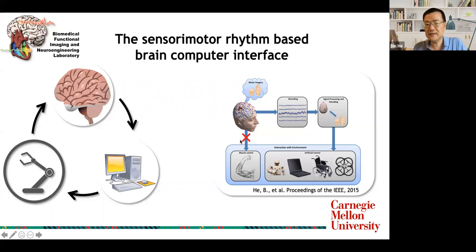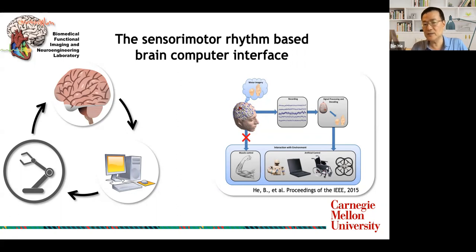If a patient has a disruption or disconnect from the brain to the neuromuscular system, with a dysfunctional neuromuscular pathway, but the patient has intact cognitive capability, you can imagine movement although you cannot move your hand or your leg.